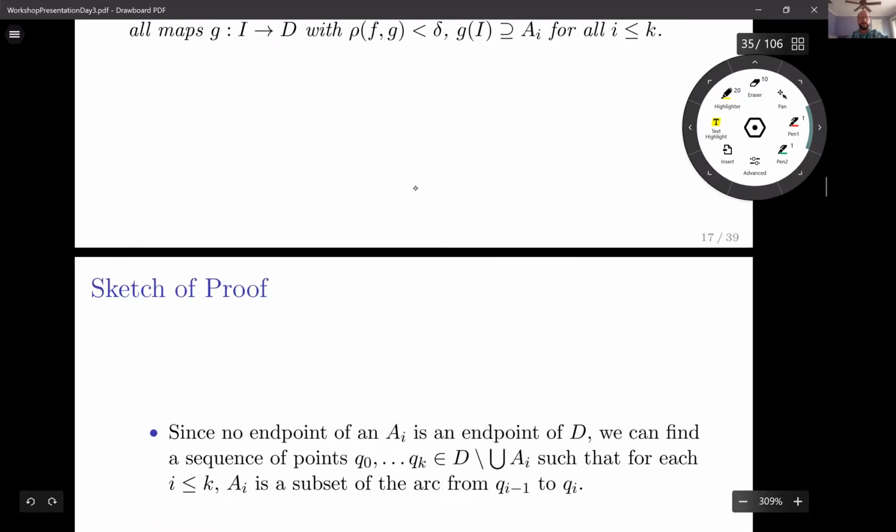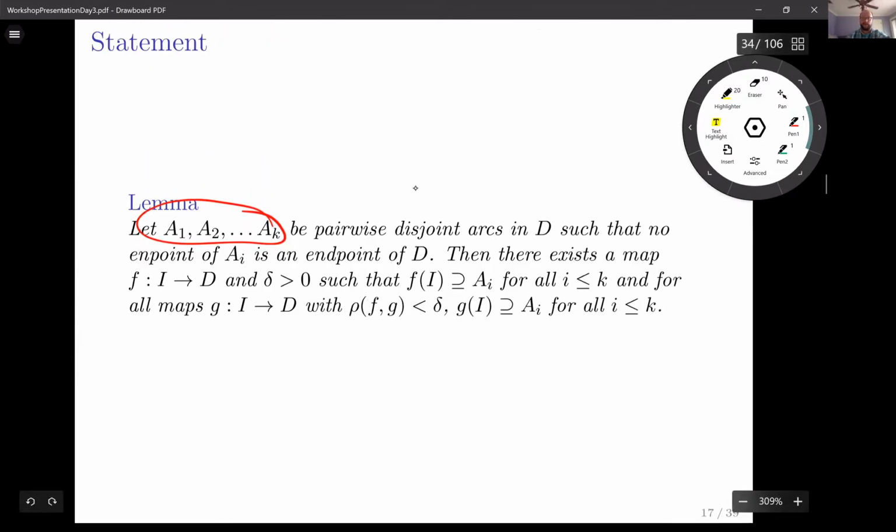All right. So the idea here, let me draw a picture real quick before we go on. We have the interval over here. Okay. We have our dendrite over here. It does something wacky. Okay. And then we have some finitely many arcs sitting inside of it here, here, and here. Okay.